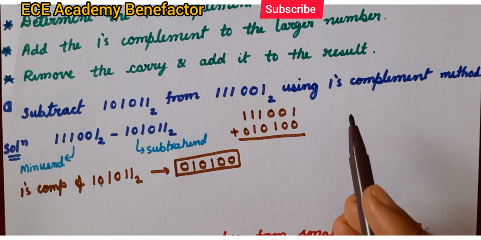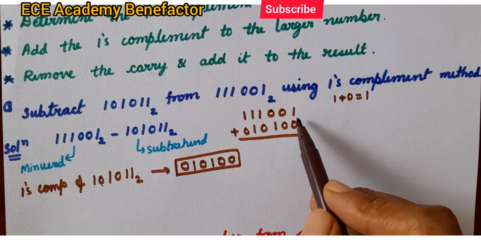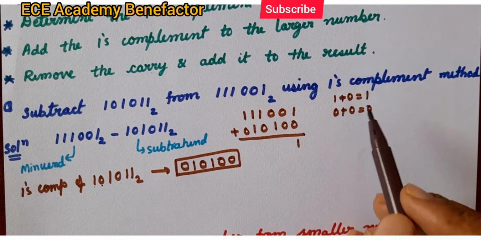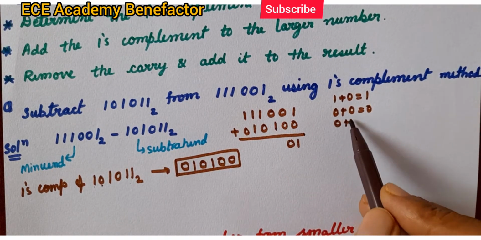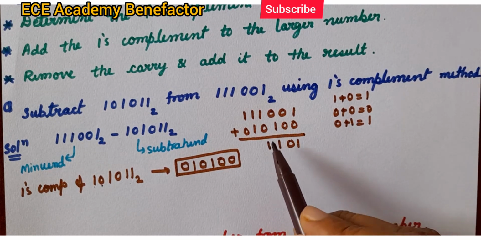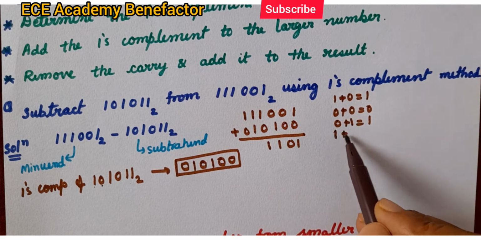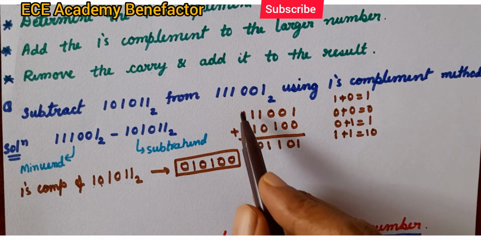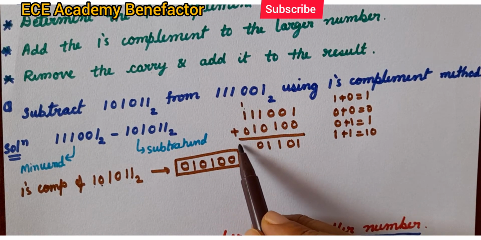So, 1 plus 0 is 1. 0 plus 0 is 0. 0 plus 1 is 1. 1 plus 0 is 1. 1 plus 1 is 10, that is 0 with 1 carry. So, 1 plus 1 is 10.